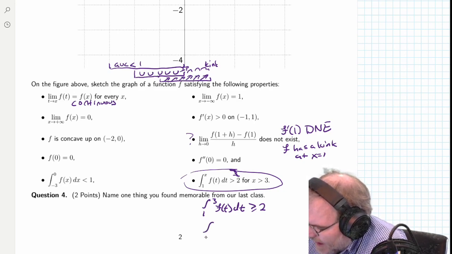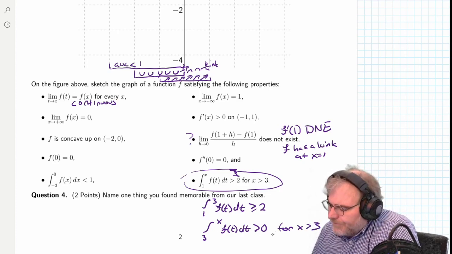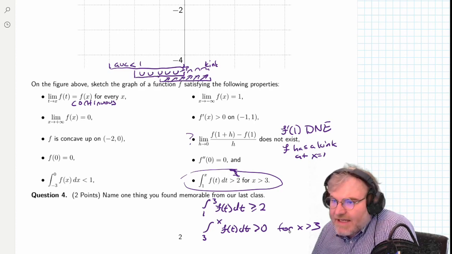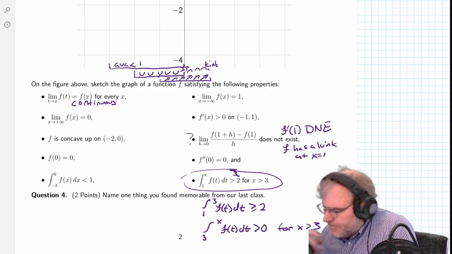And it's saying that for everywhere past it, so this thing right here is saying something very difficult, okay? This statement right here says that I need to accumulate 2 area from 1 to 3, and then I need to never give it up.